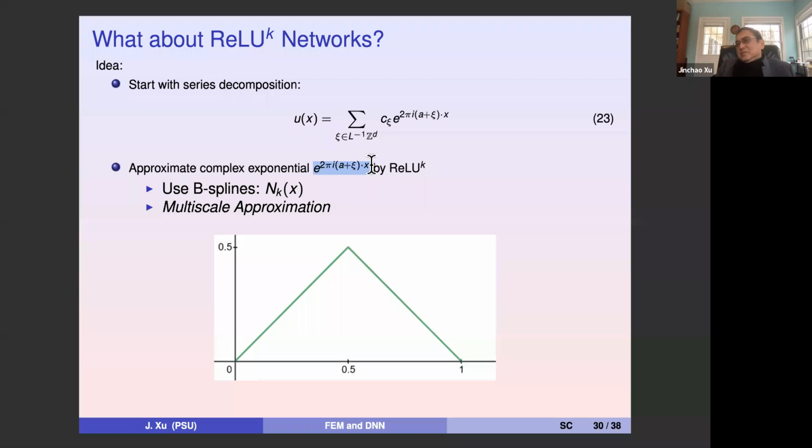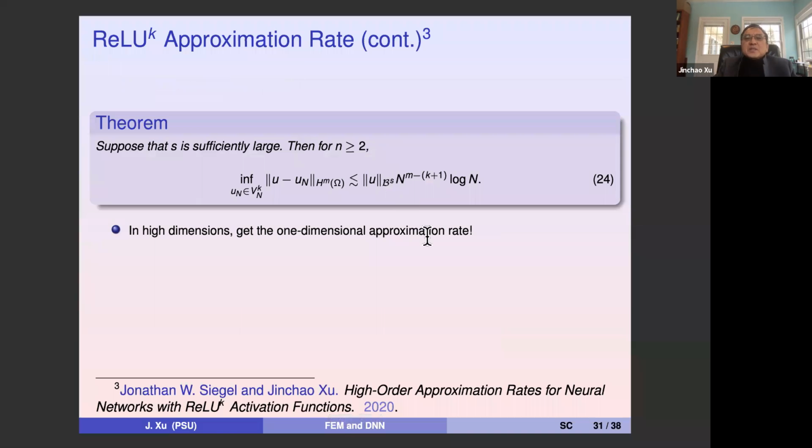Actually, amazingly, in many of these analyses, for the friends here who know me, the background is that mostly in my career I've been working on multigrid methods. There's lots of multigrid analysis actually. This is one of them. There's lots of technical stuff here, but you can actually prove that the best approximation with the H^m norm can be written as n to the negative (m minus k plus 1).